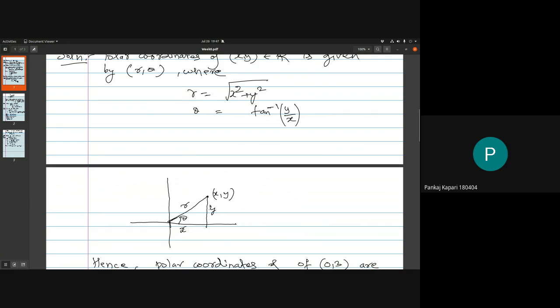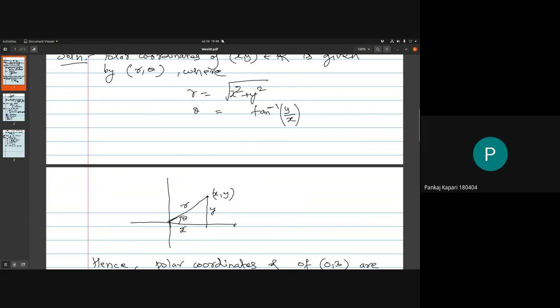Now you can see that this is a right angle triangle with these two sides x and y, and the hypotenuse can be calculated using the Pythagoras theorem. Therefore r is equal to the square root of x square plus y square. Similarly, y is r sine theta and x is r cos theta.